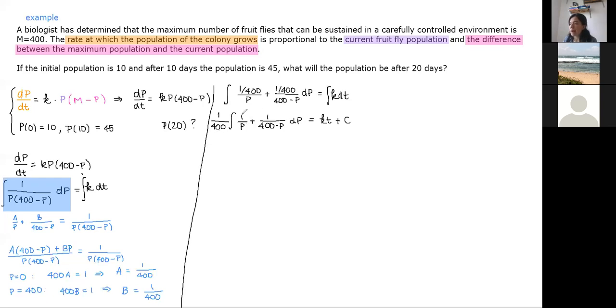All right. And at this point, I still have 1 over 400, and now I'm actually going to evaluate the integral on the left-hand side. So first, the integral of 1 over p is ln of p. And the integral of the second term is ln of 400 minus p.